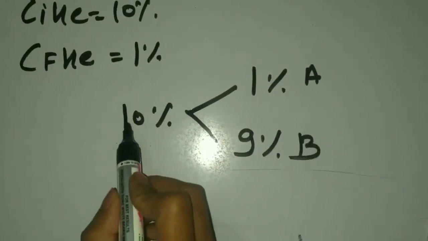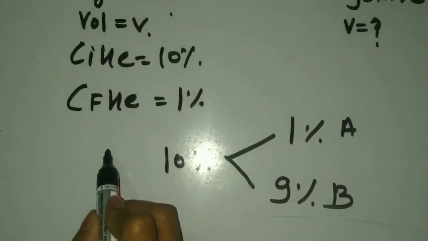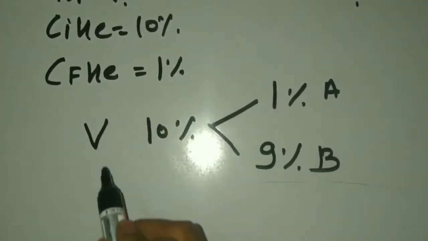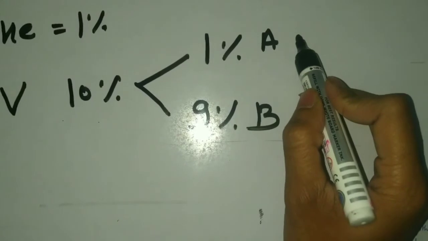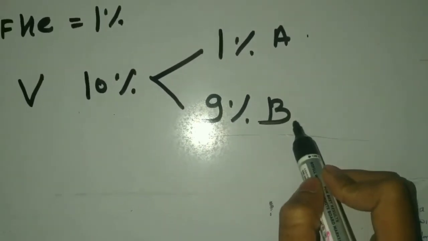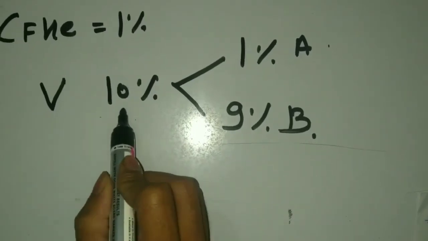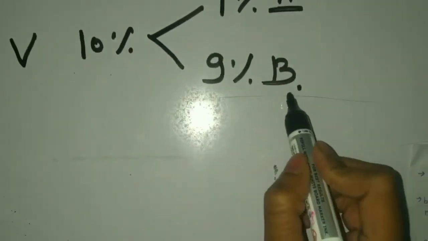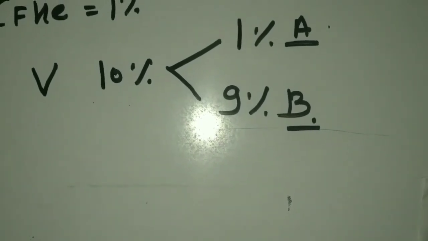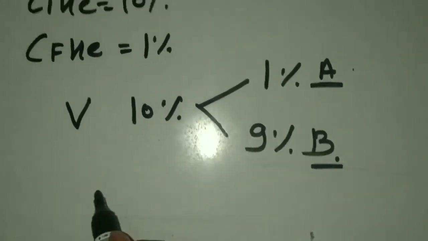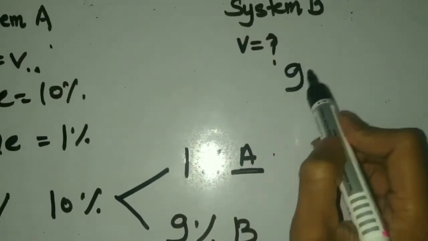The initial concentration was 10%, the volume was let's say V. 1% of that helium remained in system A and 9% went to system B. That means whatever volume was present in system A, system B has 9 times more volume than it. That means if the volume of system A was V, the volume of system B will be 9V.